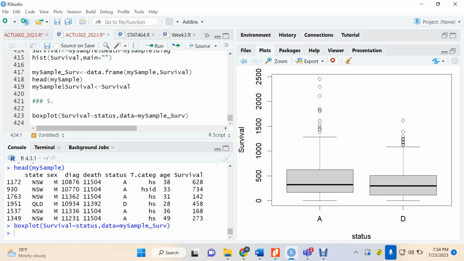Which means they are very large survival times, or we have some who have lived unusually longer than the majority of their group members. Okay, so that will pass for the comment and then we mark it. So that's it for number 5.